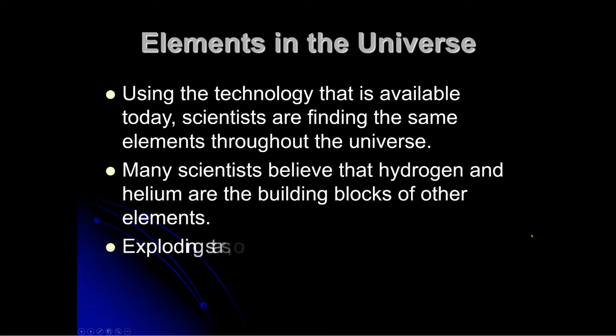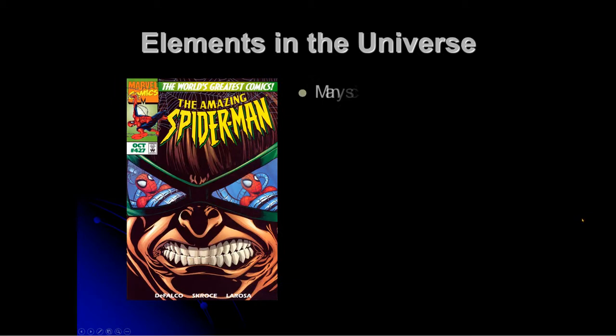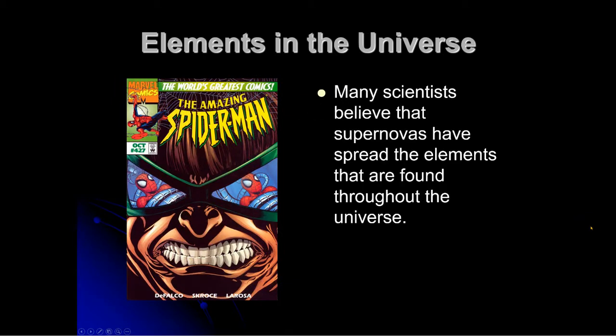Many scientists believe that hydrogen and helium are the building blocks of other elements. Exploding stars or supernovas give scientists evidence to support this theory. Many scientists believe that supernovas have spread the elements that are found throughout the universe. And a supernova is nothing more than an explosion, or a big bang.